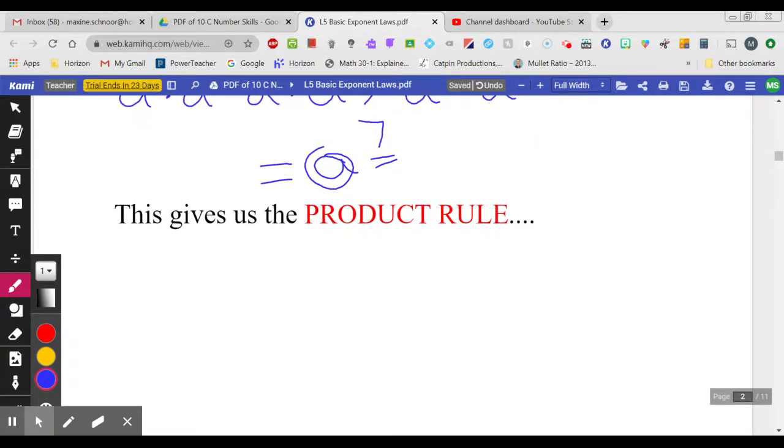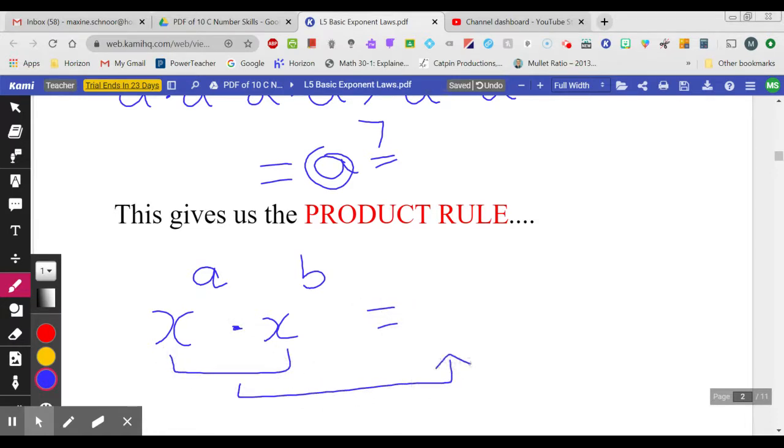The product rule says that if we are multiplying, and quite often in this you'll see multiply shown as a dot. First thing I need you to remember is that these are called exponent laws. They are not called base laws. The base does not change.